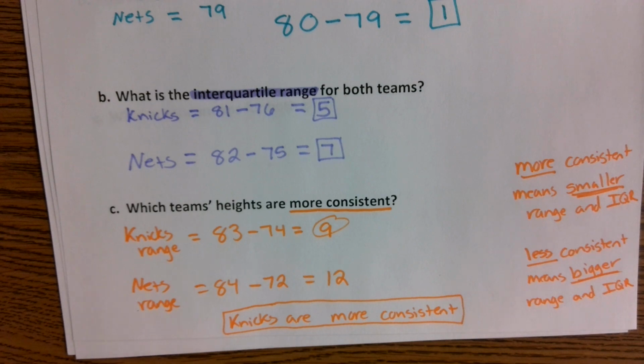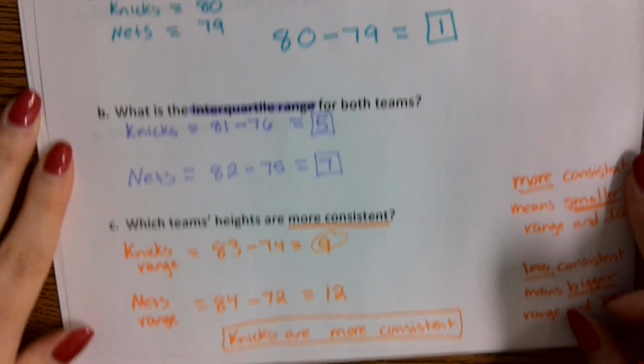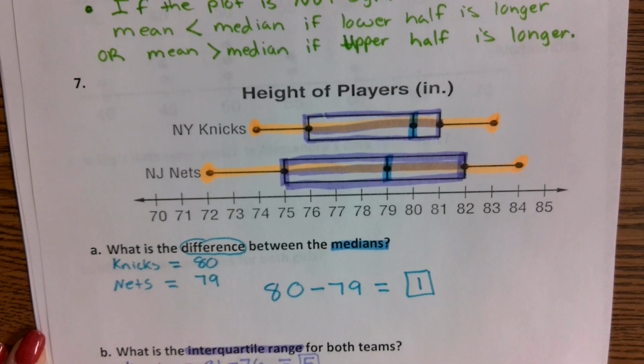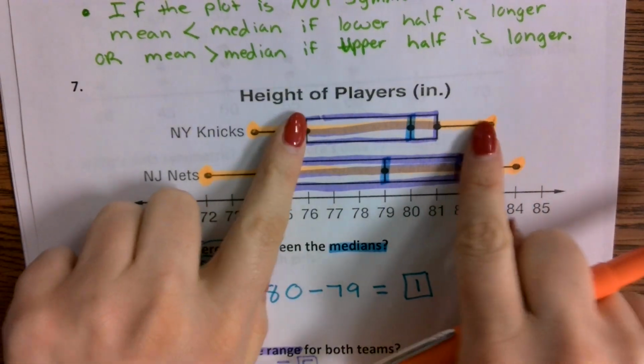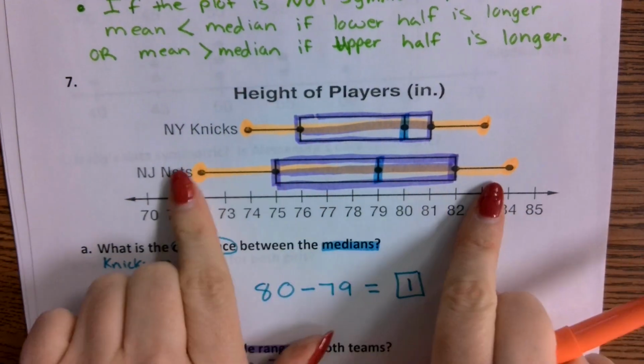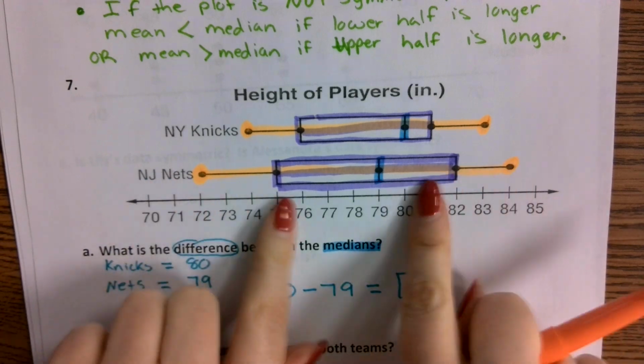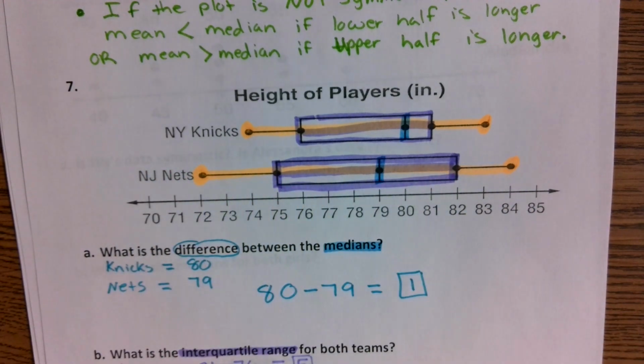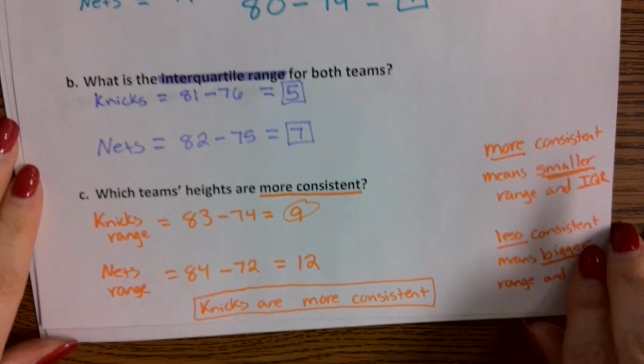That means that their data set is more compact. And if you look at it, you can just look at it. Look how more closely compact it is than the Nets. The Nets has a bigger spread of data, not very consistent. Okay, get that down.